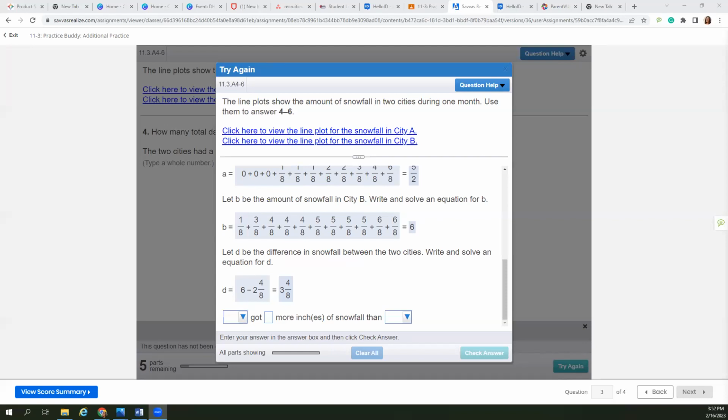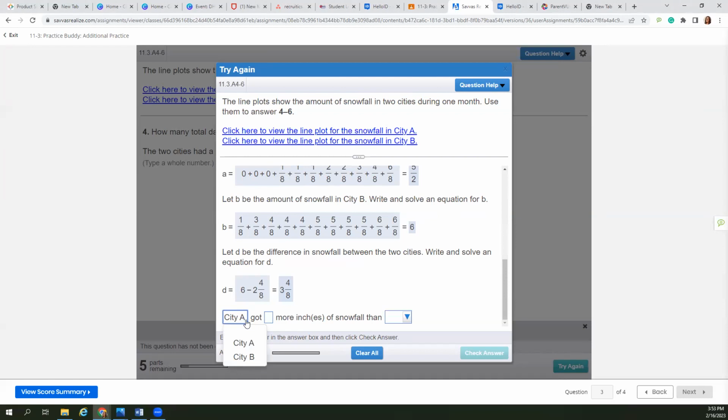Okay. So in that first drop down, which city had more snow? A or B? Which is bigger, the 5/2 or the 6? So you're looking at the number 5/2 versus 6. Which is larger? 5 divided by 2 or 6?